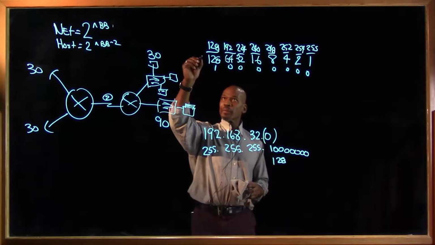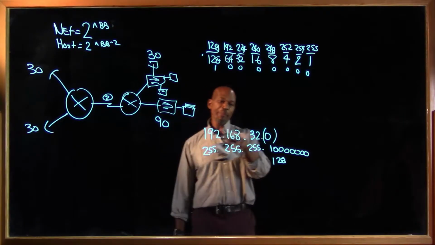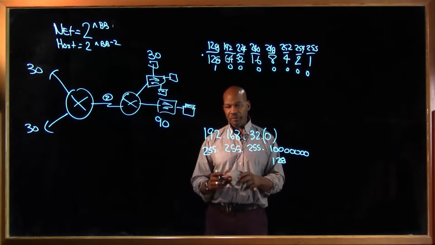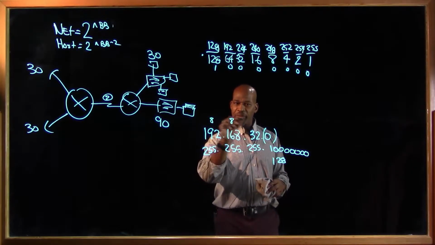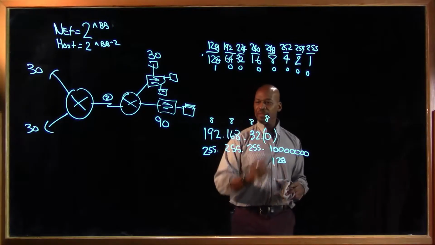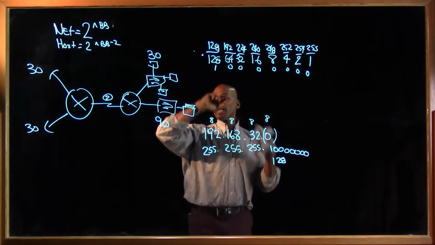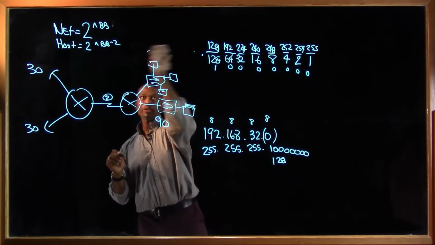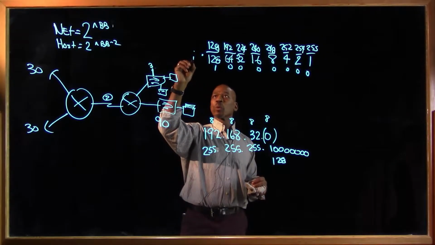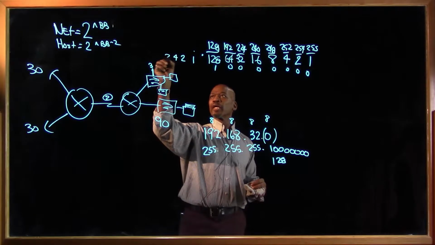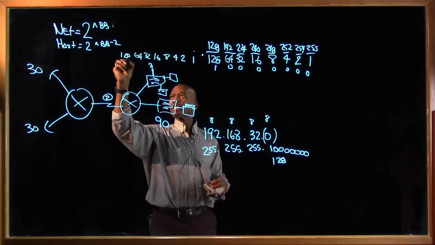Or remember this: a subnet. This IP is a 32-bit number. This 32-bit number has 8 bits here, 8 bits here, 8 bits here, 8 bits here, so you have to represent that with this. I could have done this: 1, 2, 4, 8, 16, 32, 64, 128.